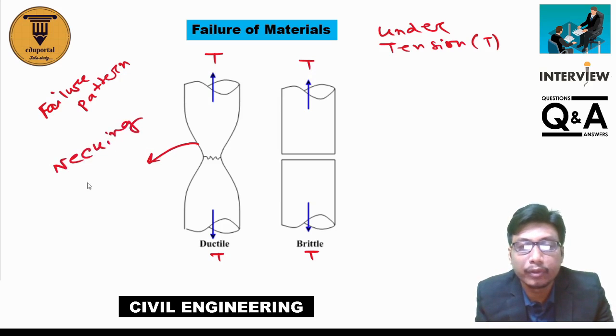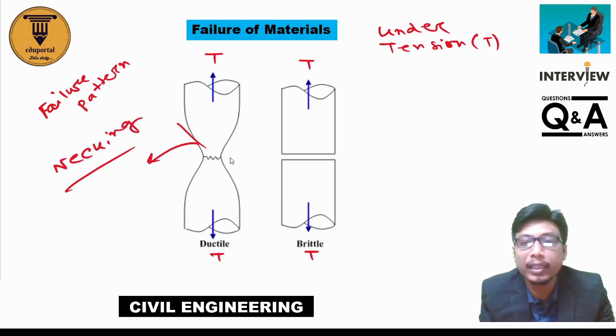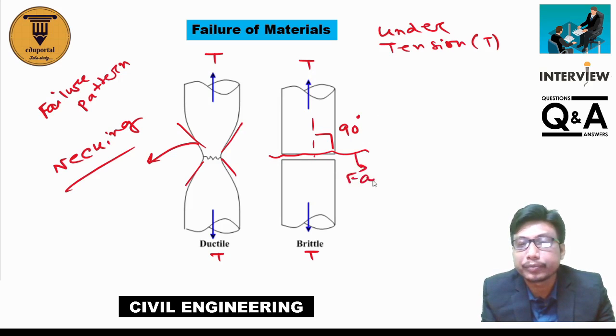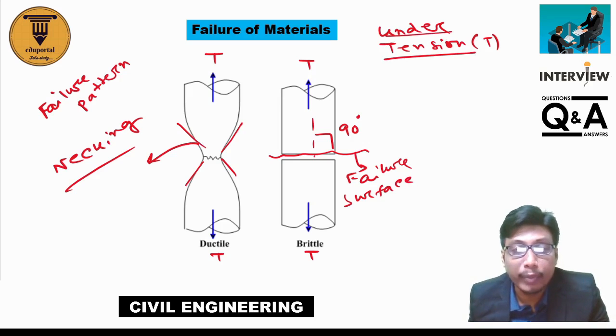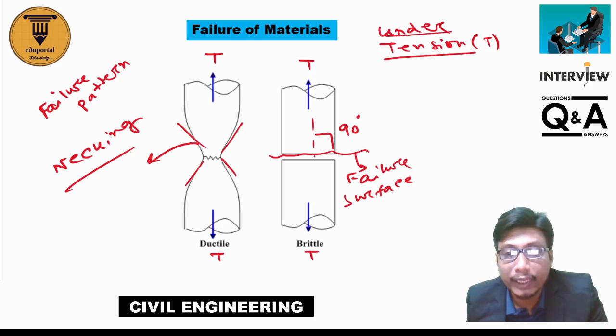So this is the failure pattern of ductile material, and this is the failure pattern of brittle material, and the failure surface makes an angle of 90 degrees with the axis of the member. So this is the failure surface of brittle material. This is under tension, and it is a failure pattern. You may have to show the failure pattern.